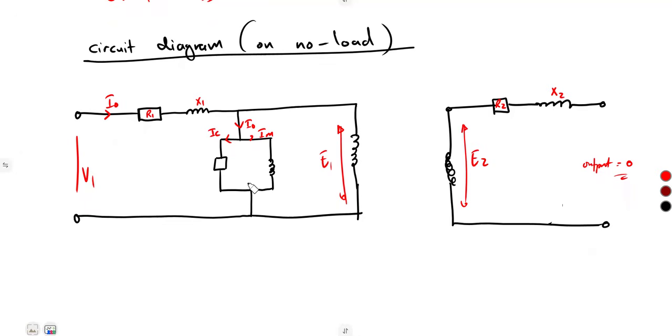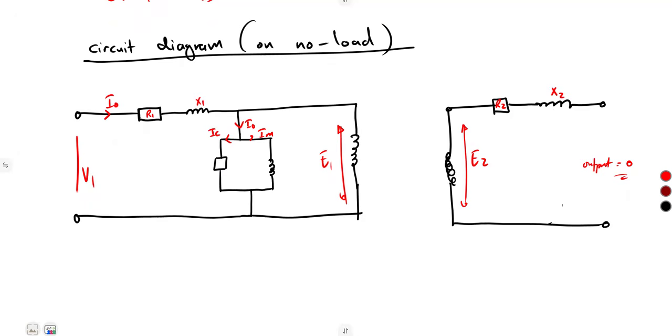We separated the primary and the secondary windings. From this, we are going to see that this no load current is actually a phasor sum of two components, the magnetizing and the core loss.